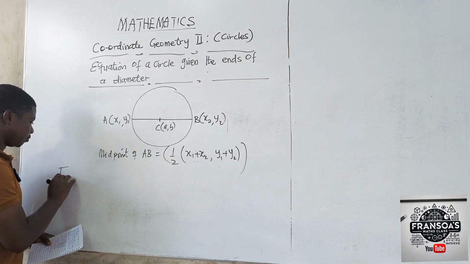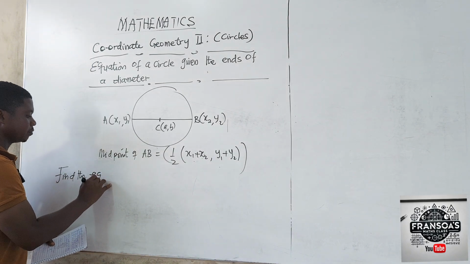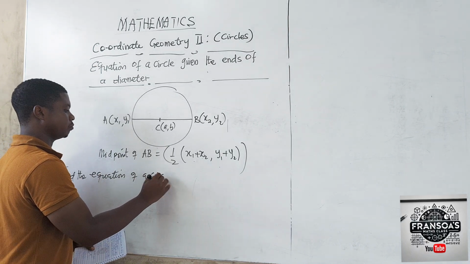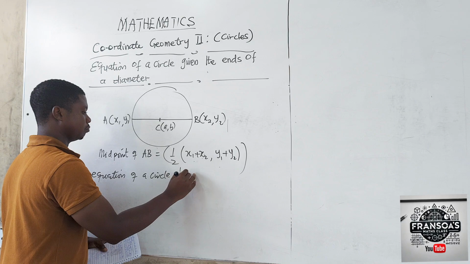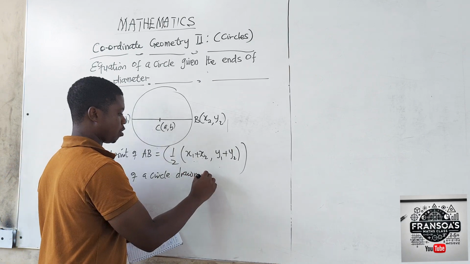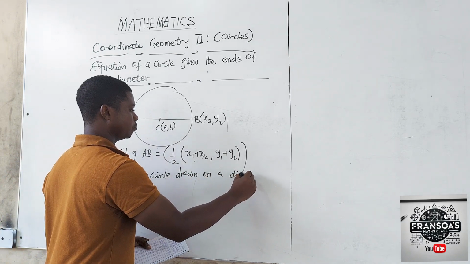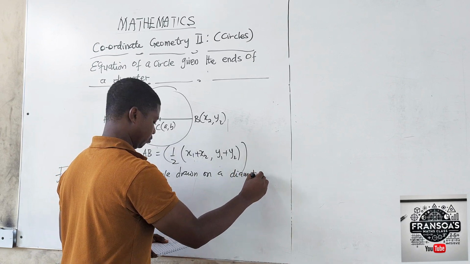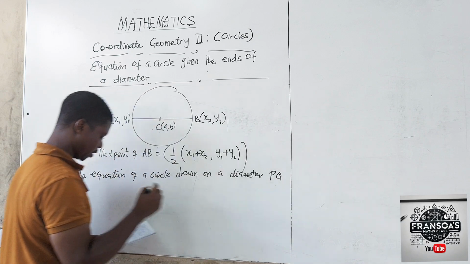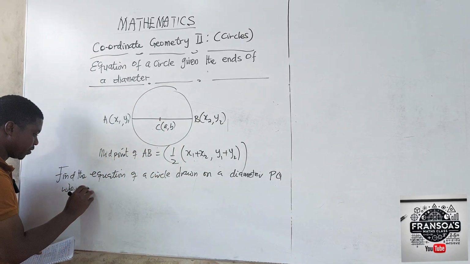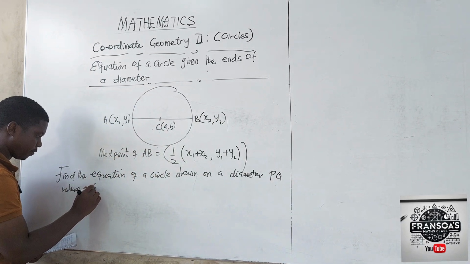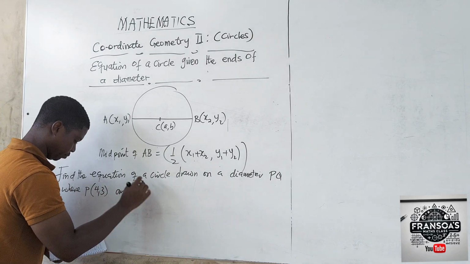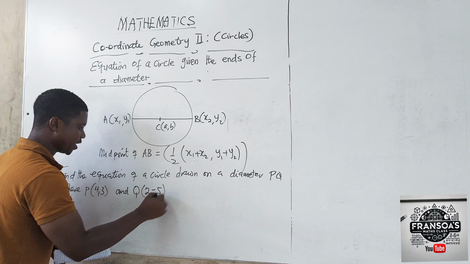Find the equation of a circle drawn on a diameter PQ, where P is (4, 3) and Q is (2, -5).